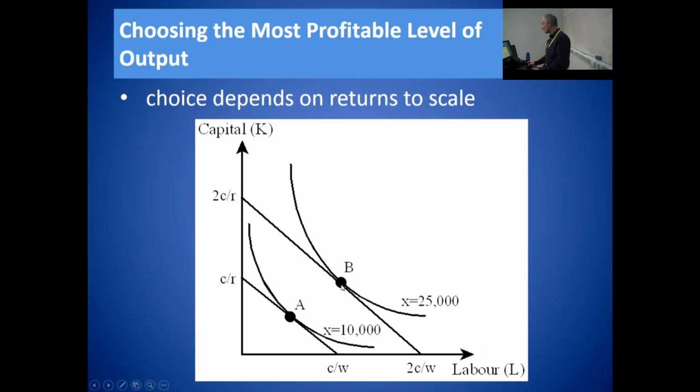And that isoquant is this one here, associated with 25,000 units of output. And so the optimal mix now goes to point B, using more labour and more capital. So we've doubled all factor inputs, and by extension, doubled costs, and it allows us to increase output.